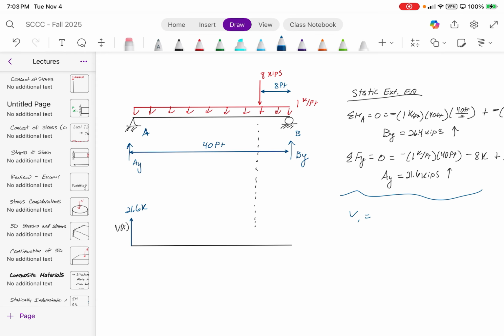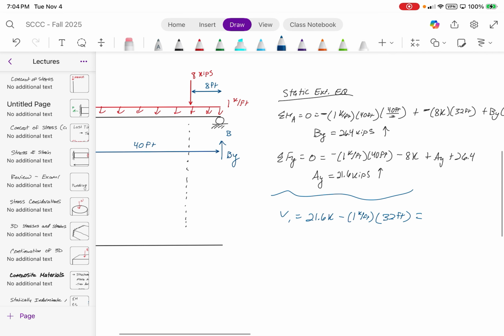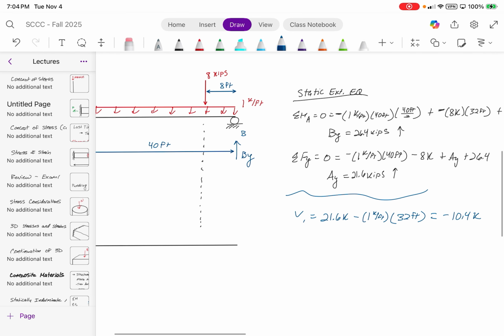So this is just going to be 21.6 kips minus 1 kip per foot times 32 feet, which should give us -10.4 kips.